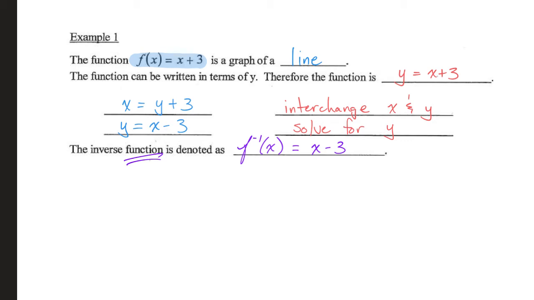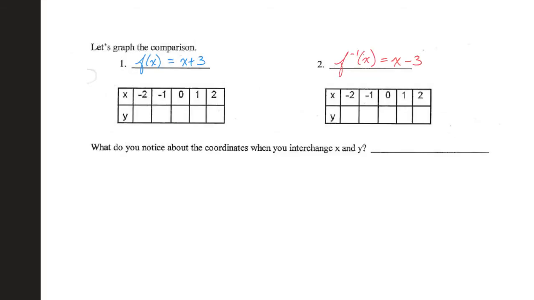Now, I want to take a look at the graphical side of this. So we're going to jump into the second half of this front page. What we see is I've just given you 2 tables of values. I've turned the tables on their sides just to save some space. You'll notice that I've given you pretty generic x values in each of those tables: -2, -1, 0, 1, and 2.